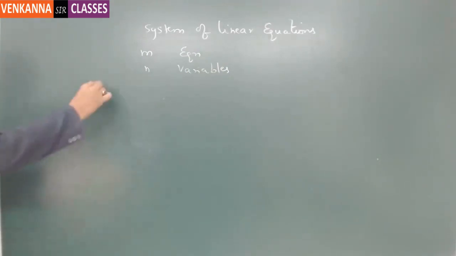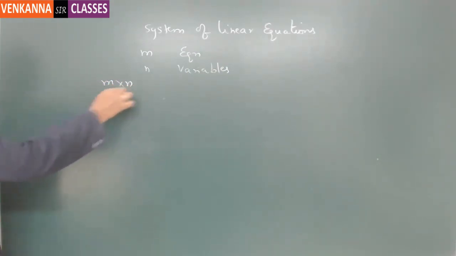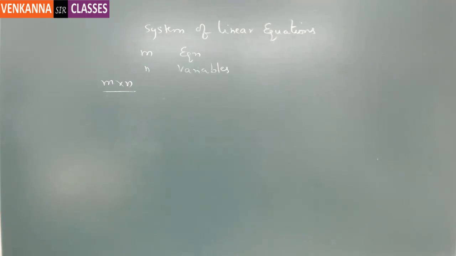Then you will get an m by n matrix if you represent the coefficients in those equations in the form of a matrix. Usually for solving the system of linear equations, in general we consider square matrices, and the majority of the problems are posed on square matrices only, not on rectangular matrices. However, for some problems we deal with rectangular matrices too. That is not an issue.